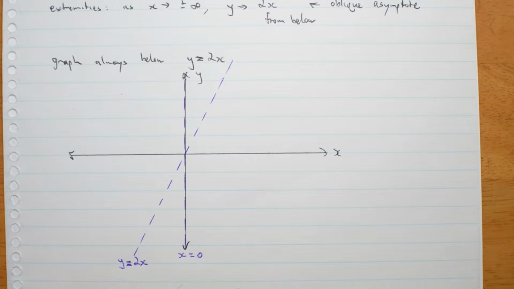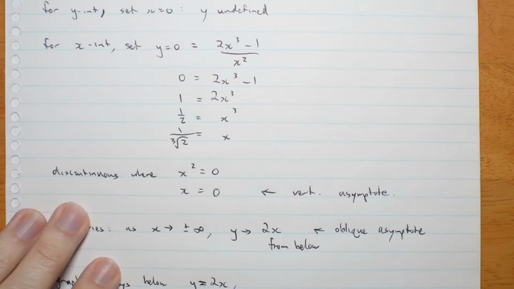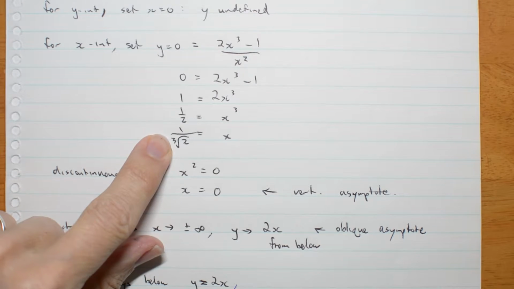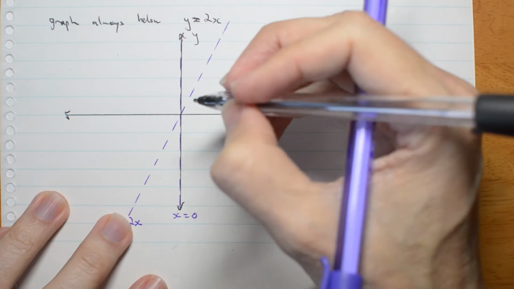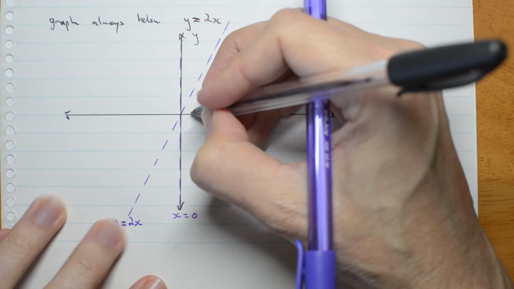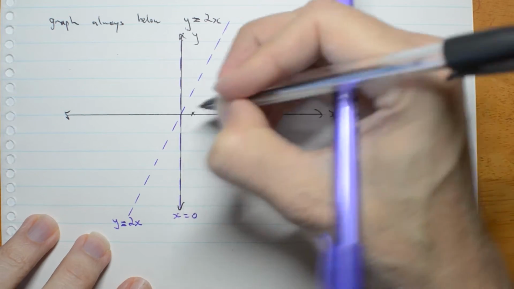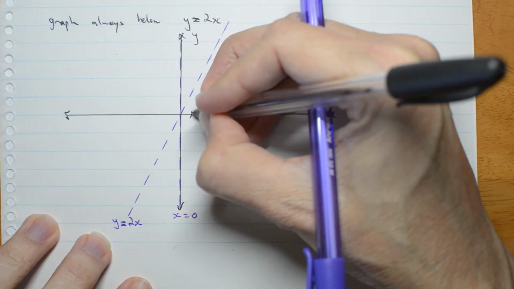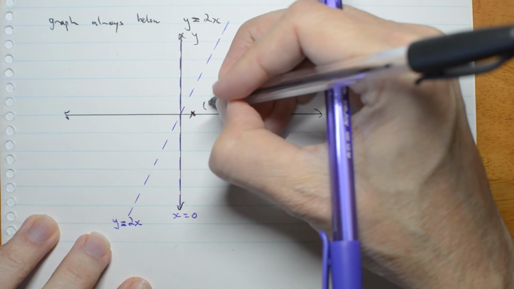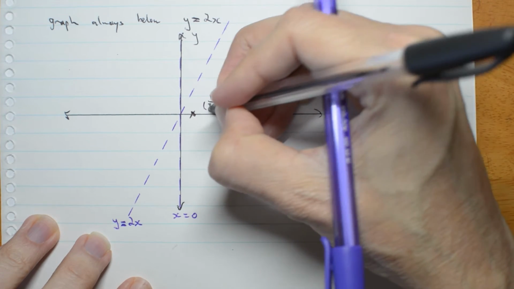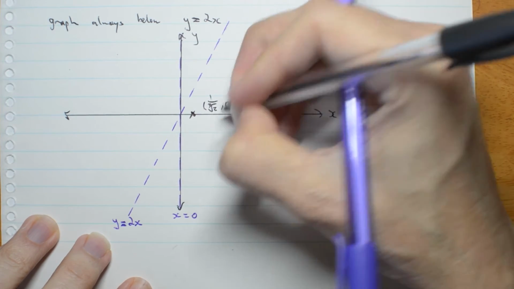What else do I know? There is an x-intercept at 1 over the cubed root of 2. That's a positive, so that's here. Here, it's meant to be on the axis, my cross wasn't quite in the right place. 1 over cubed root of 2, 0.